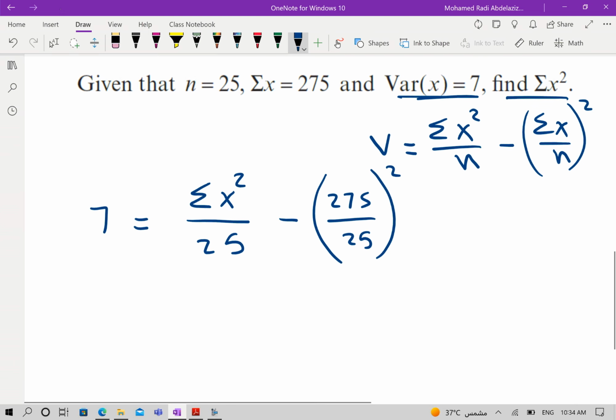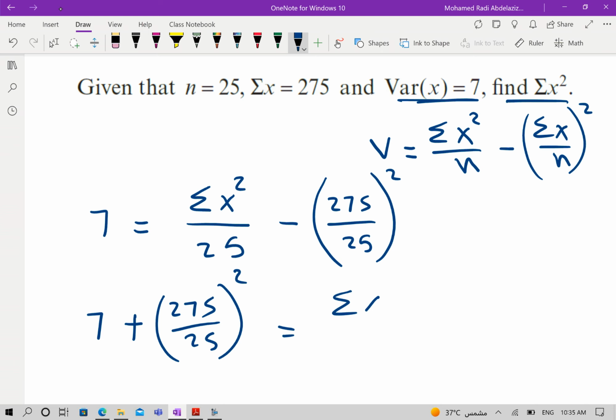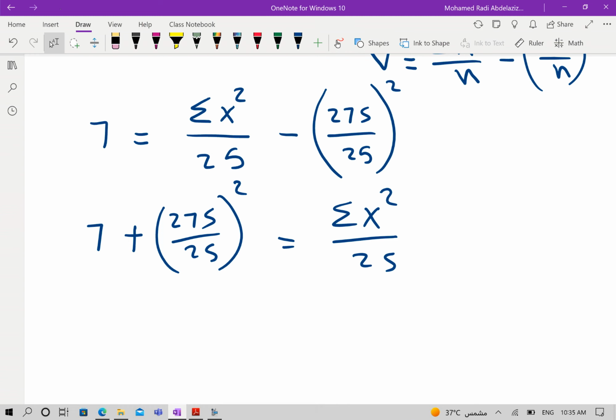To get sum of x squared as the subject, 7 goes negative to the other side to be positive, 275 over 25 all squared is equal to sum of x squared over 25. Calculate the left hand side, please. Then multiply it by 25 to get sum of x squared.